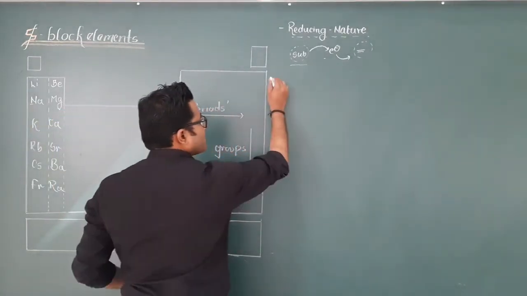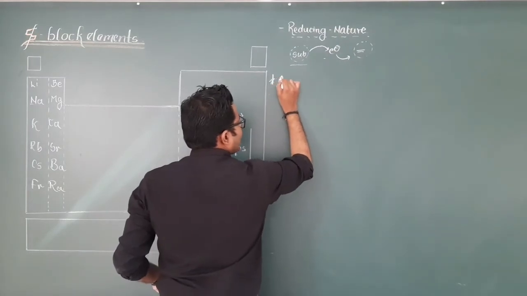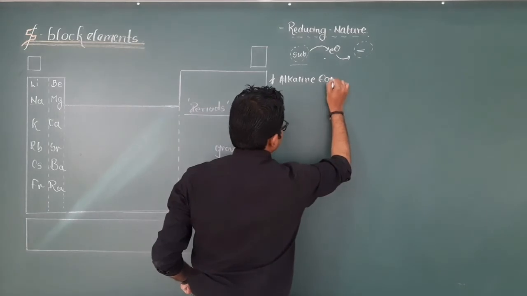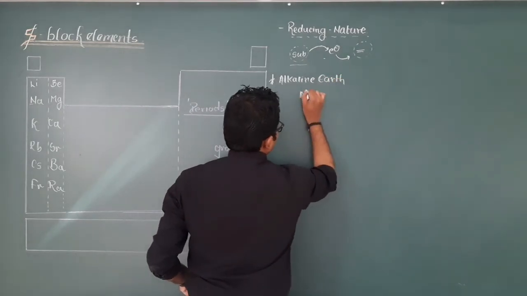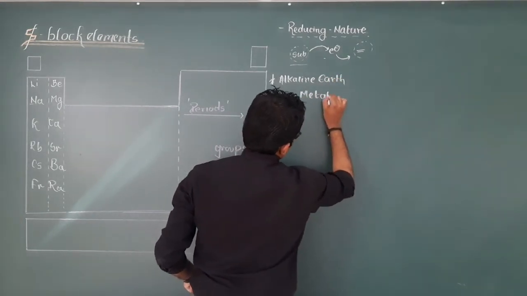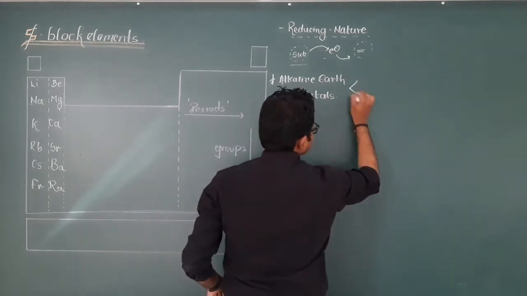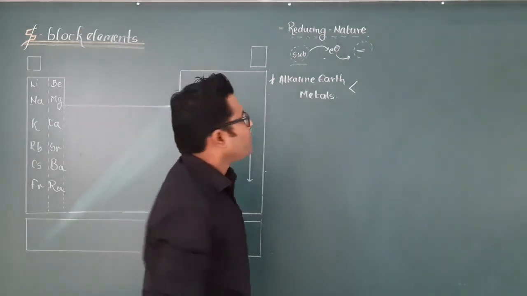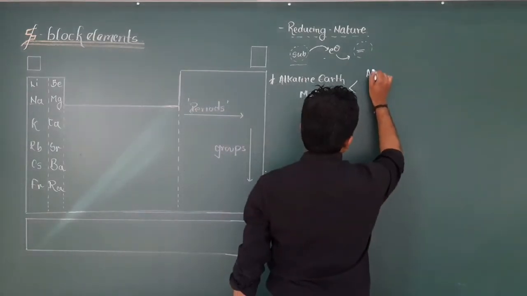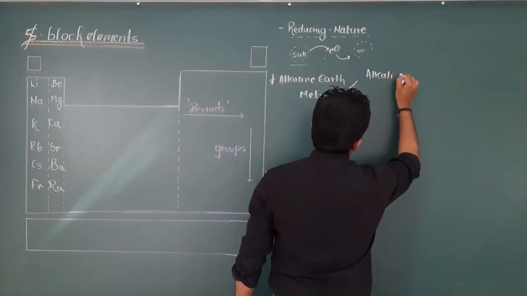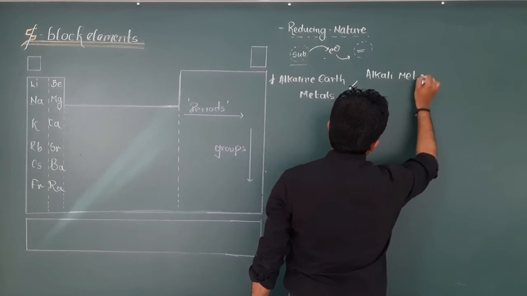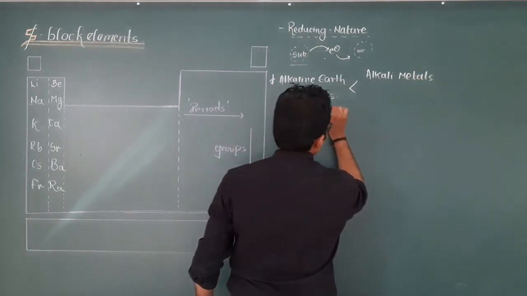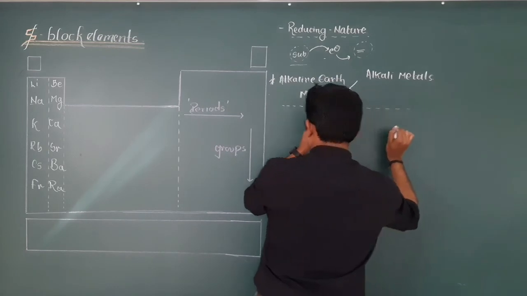Therefore, alkaline earth metals are less reducing in their nature when we compare them to the corresponding alkali metals. So this is with respect to the reducing nature.